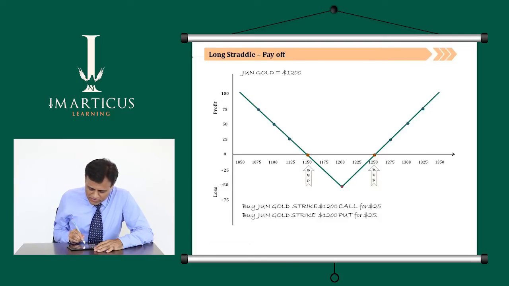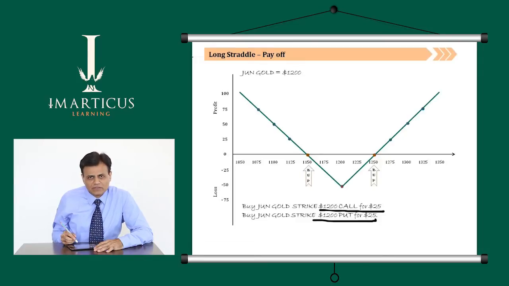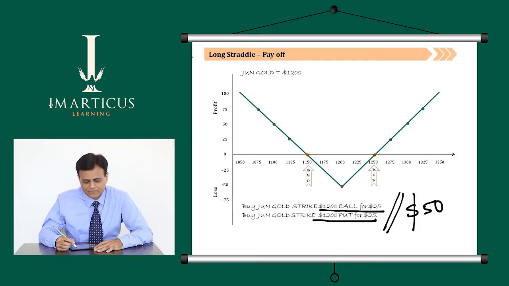We have bought a call for $25 and we have also bought a put for $25. So the total cost for this strategy is $50.